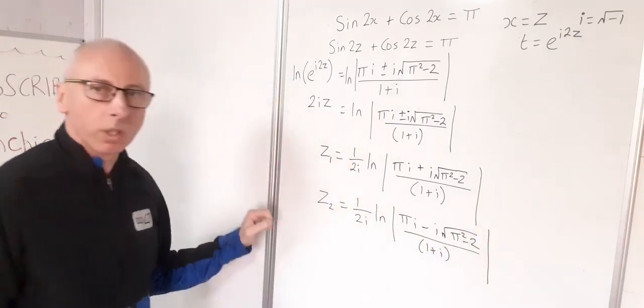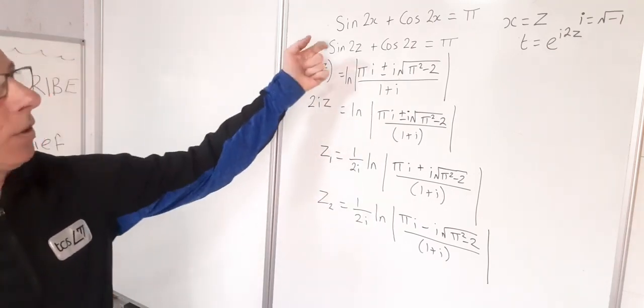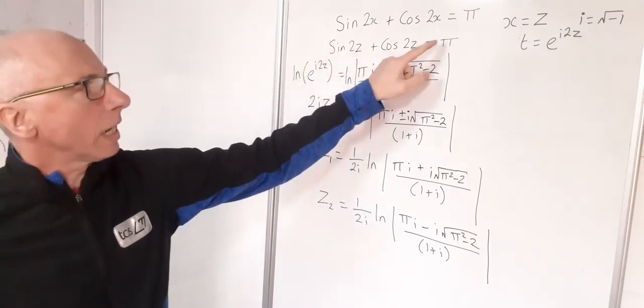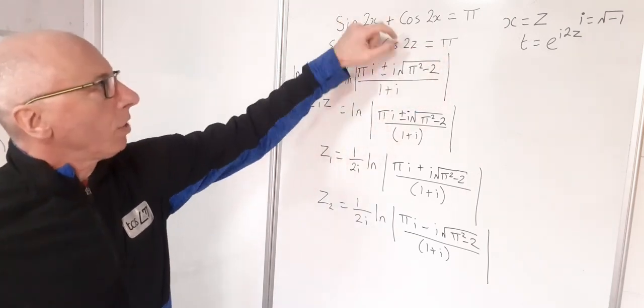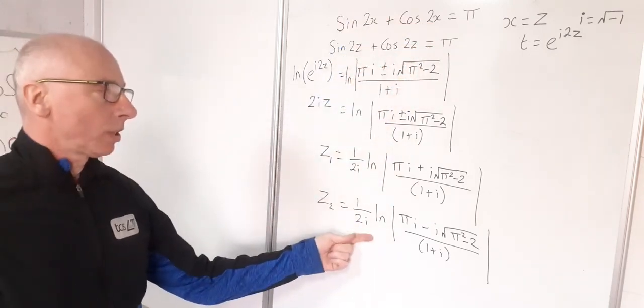They are my two solutions for my z in terms of complex analysis for the answer to my equation at the beginning. Sine of 2z plus cosine 2z equals pi, transferred from real numbers into imaginary numbers. And these are my two solutions.